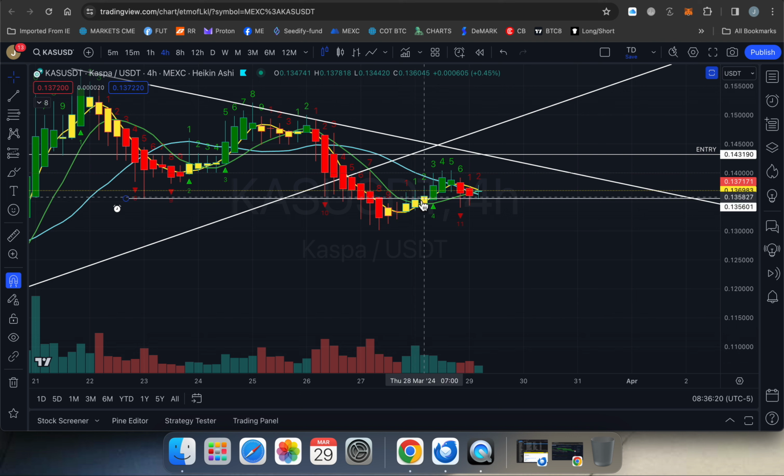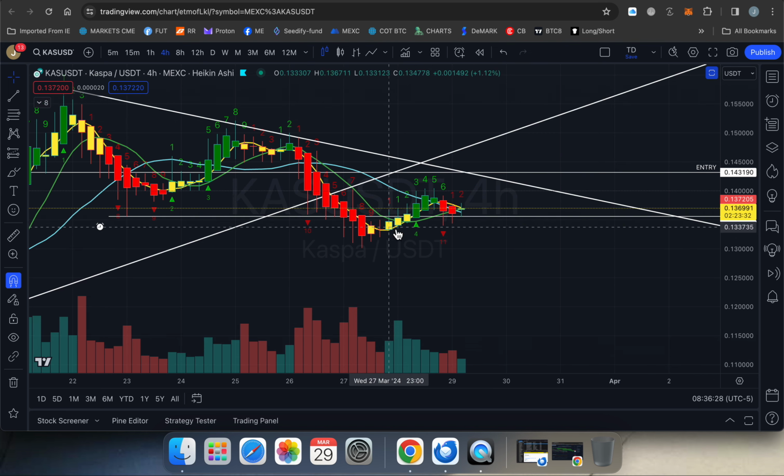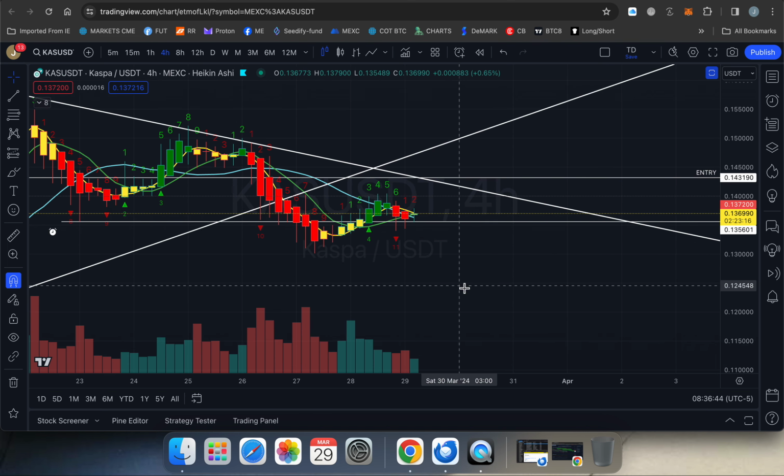And then, after your 1 count on the green, your green 1 count here, that's usually a decent buy signal, especially if you're above your 4 simple moving average. That'd be on a 4 hour. I call that a 4 hour, 4 and 4 simple moving average. So I definitely watch out for that.